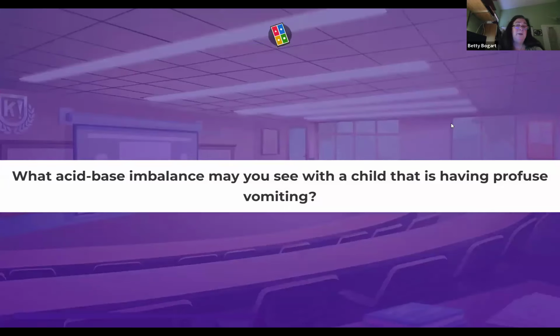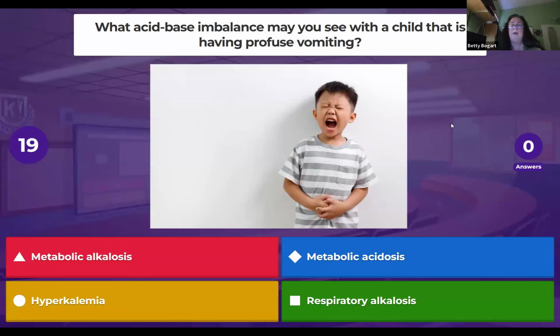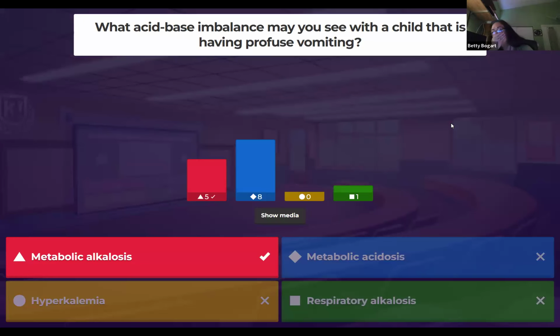What acid base imbalance may you see with a child that is having profuse vomiting? So, when you're vomiting, what happens? You're vomiting stomach acid, right? What are you left with? Alkaline.